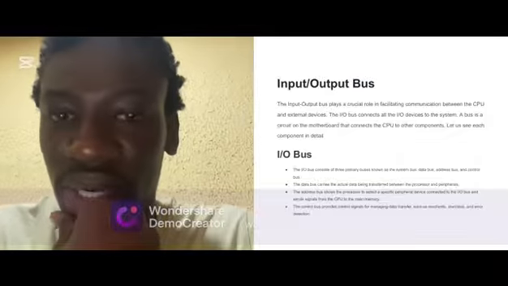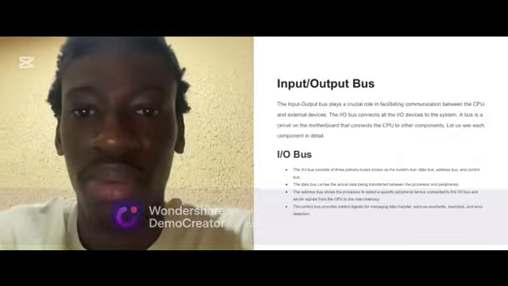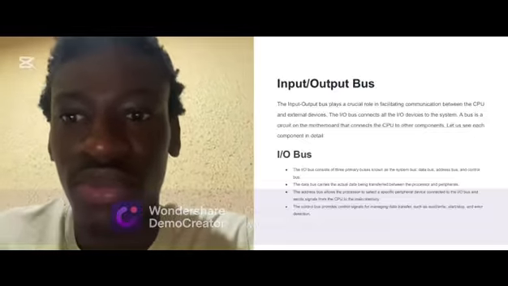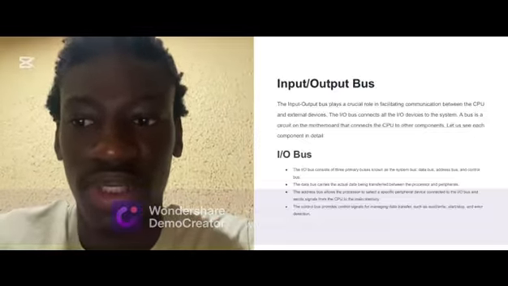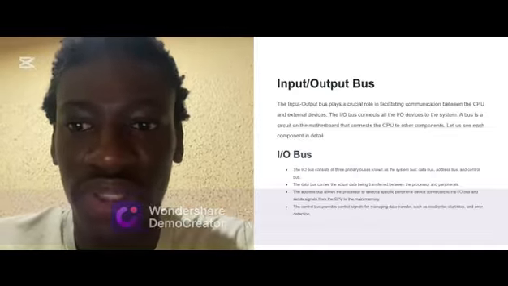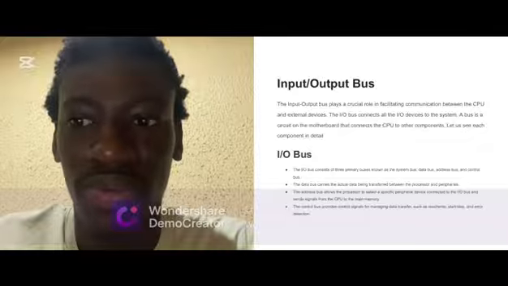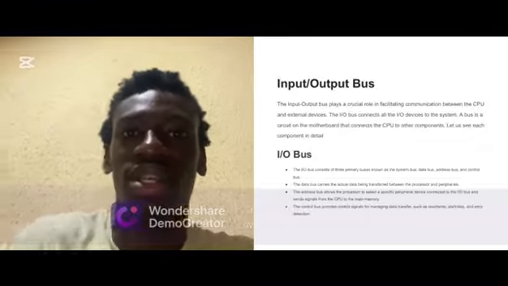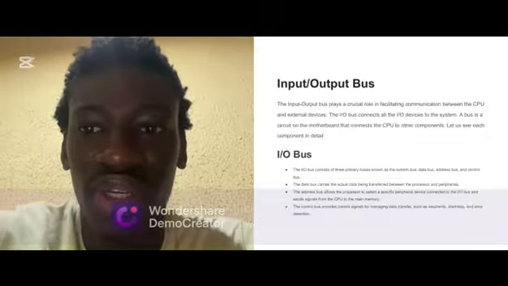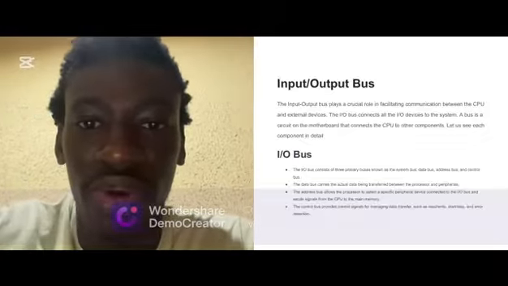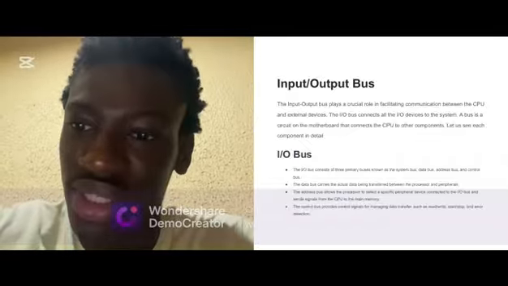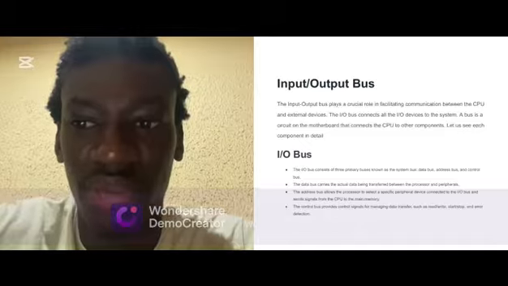The input and output bus consists of the primary buses known as the system bus, which are the data bus, address bus, and control bus. The data bus carries the actual data being transferred between the processor and peripherals. That's what the data bus is assigned to do. The address bus allows the processor to select a specific peripheral device connected to the input and send signals from the CPU to the main memory.